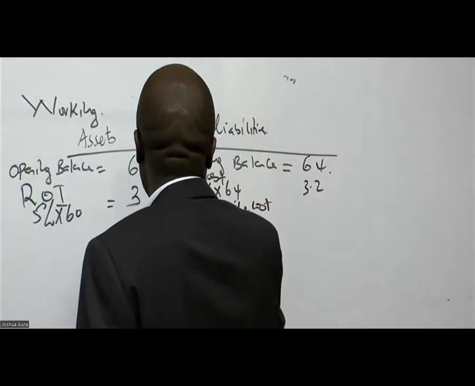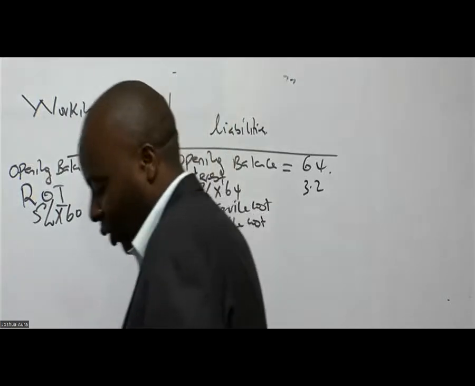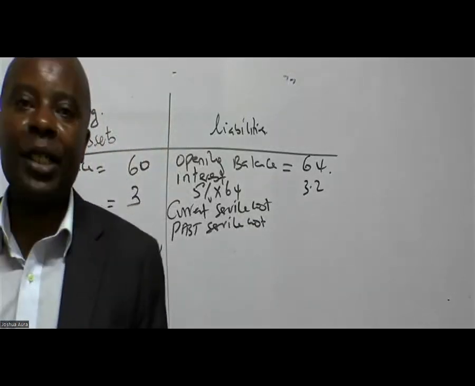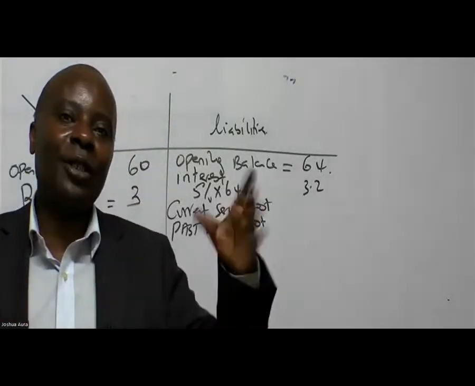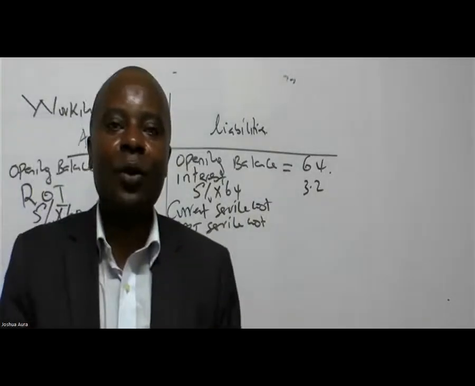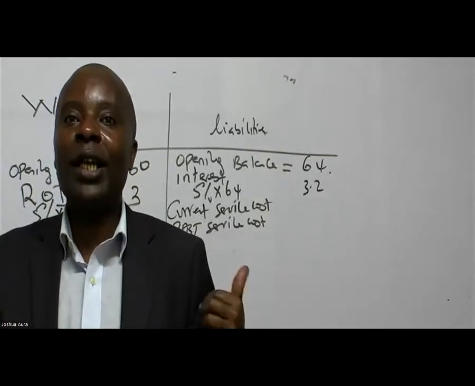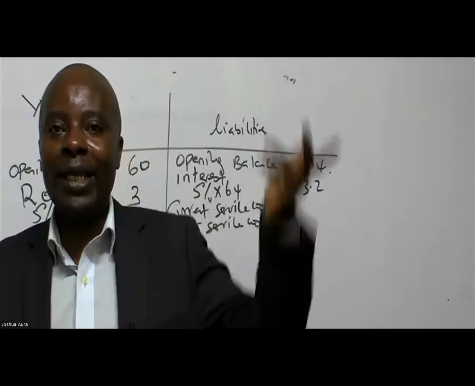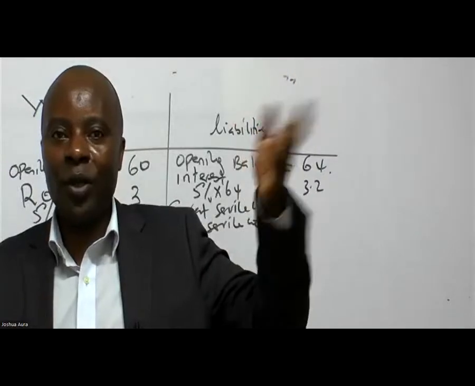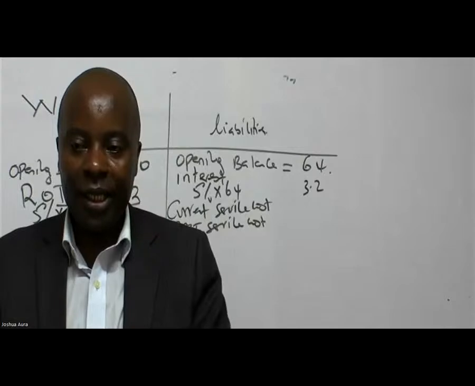We also have in this case the past service cost, and I explained what past service cost means. So don't tell me that this past service cost has been accounted for in previous years. No. Remember, it is in the current year that we sat down and re-evaluated and said that retrospectively, looking backwards, let's honor our people by increasing whatever we owe them. So all that will be lumped into this year's account.